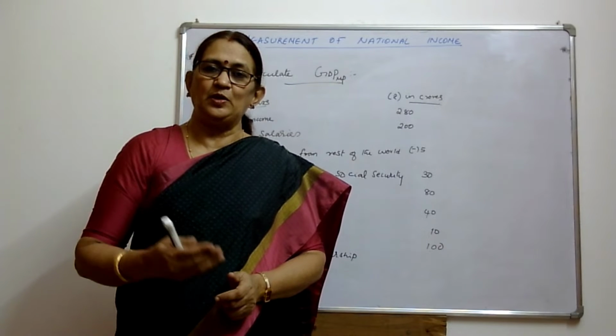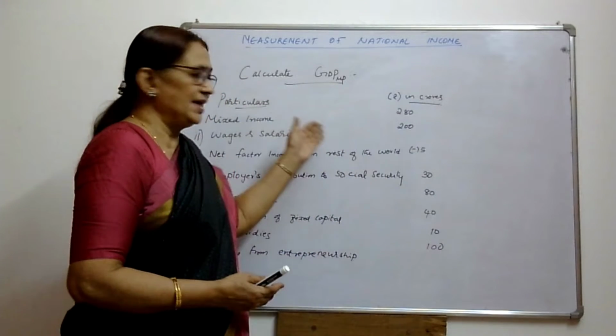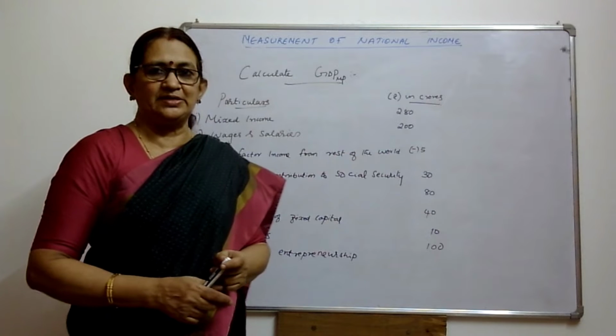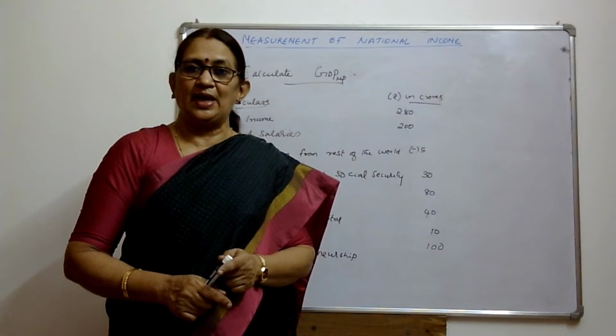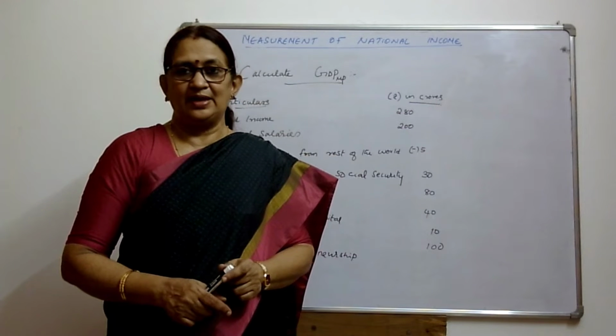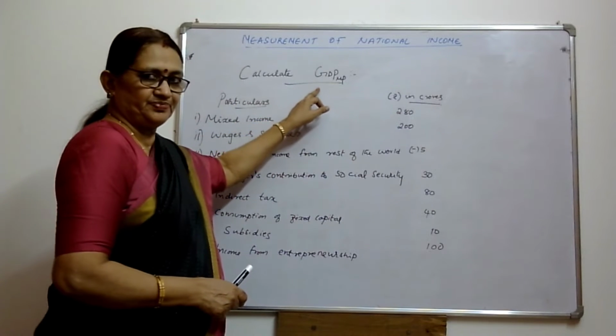We are going to continue with the income method of measuring national income. Here data is given. From that we have to calculate GDP at market price, gross domestic product at market price. We are going to calculate gross domestic income at market price, not the national income. It is domestic income, that is gross income.